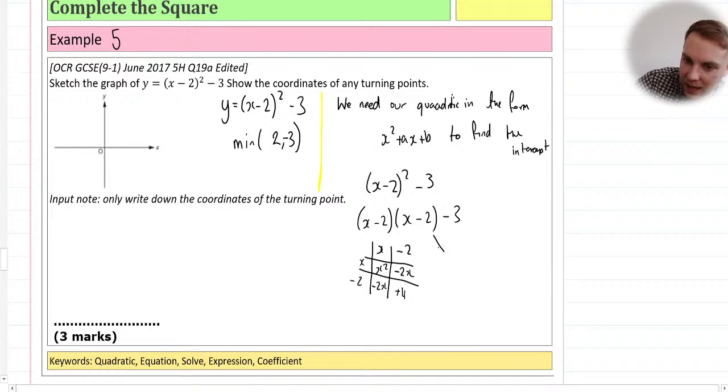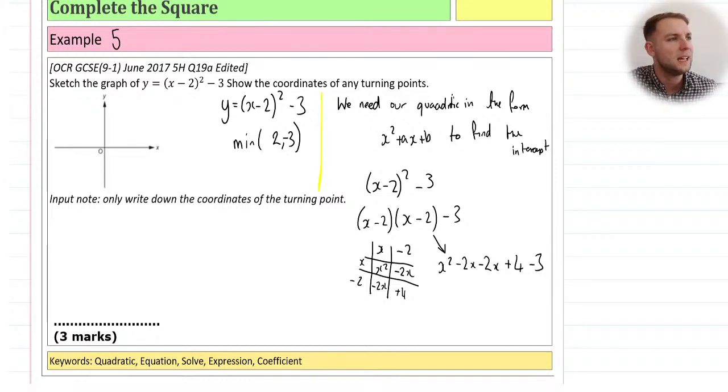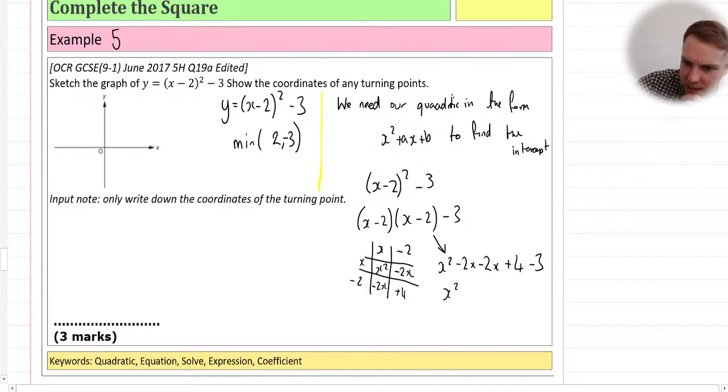So I end up with here x squared minus 2x plus 4 minus 3. So this part here is the bit which is in the grid, and you still need that minus 3 at the end. Then we simplify both of these. So it's x squared minus 4x. 4 minus 3 is positive 1, which means that my y-intercept is that last one here, which is equal to 1.